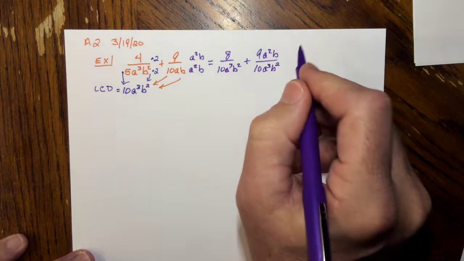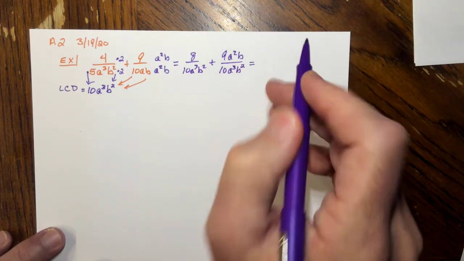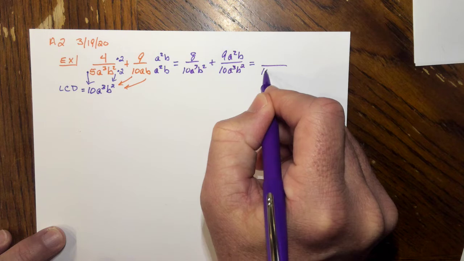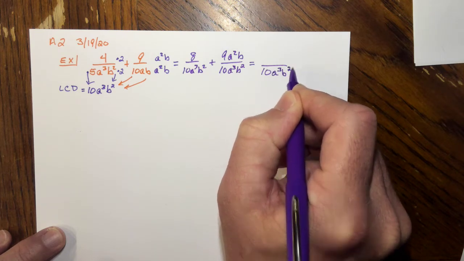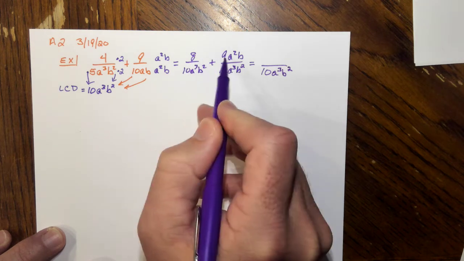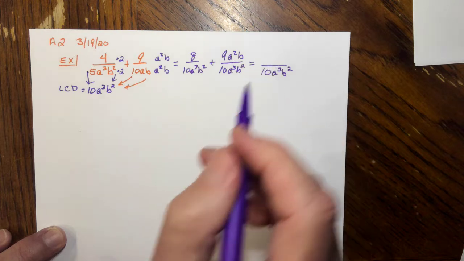So what do we do? Just like adding fractions, the denominator stays the same, 10a to the third b squared. We add the numerators. Now, there's no like terms here, so we just add them together.